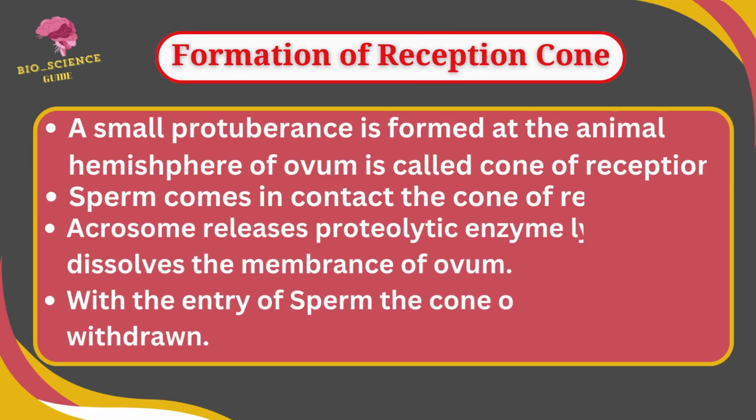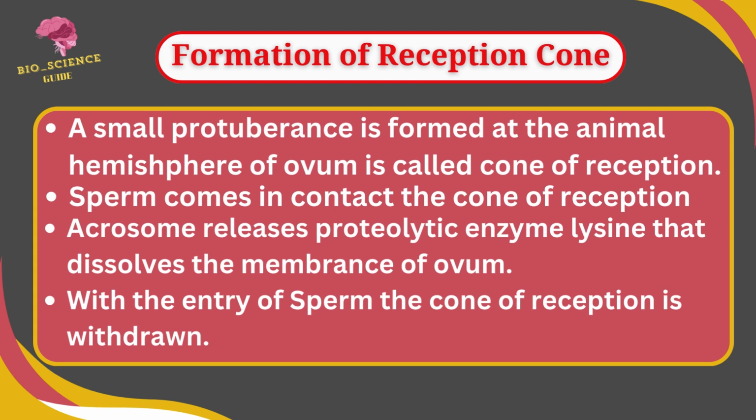The small protuberance at the animal pole of the ovum is the cone of reception. Now the sperm are mobile and come in contact with the cone of reception.